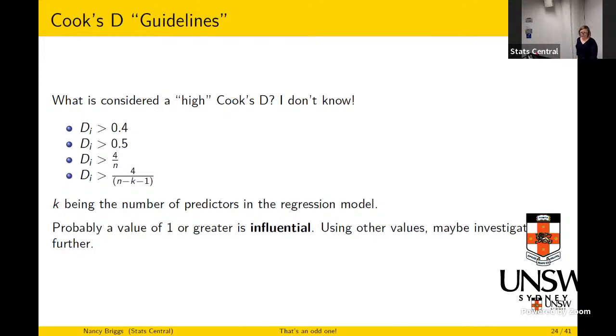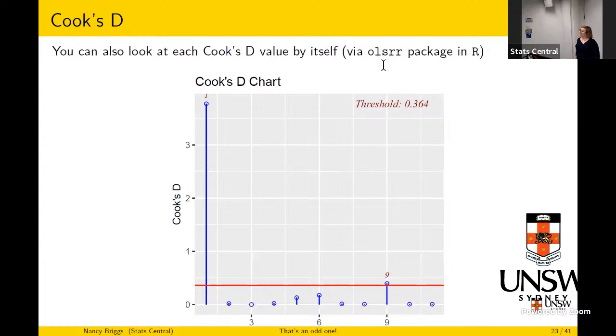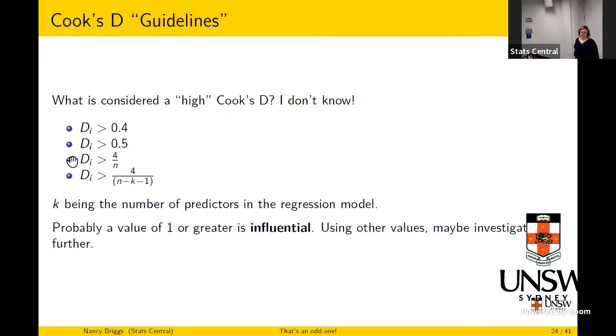This particular plot, from the olsrr package in R, uses a third definition, where if any individual Cook's D value is greater than 4 over the number of observations in your data set, then you've got an influential data point. But that's not the only definition. Some people have actually just given values, like 0.4 or 0.5.